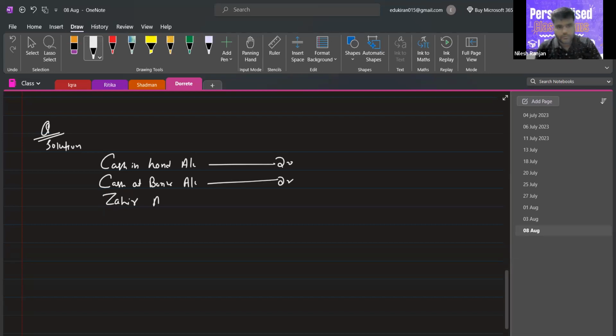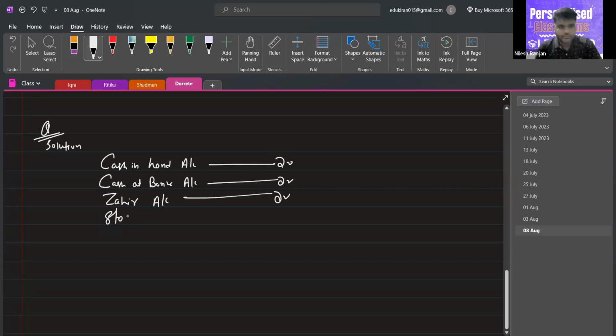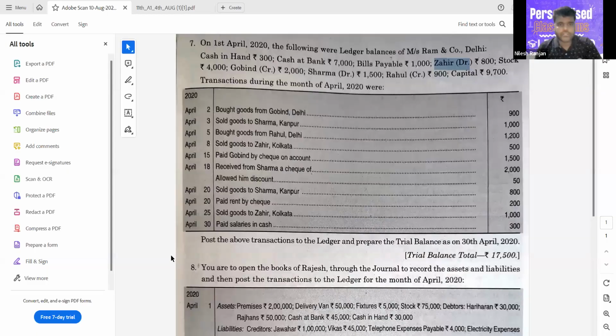Are you dividing debit side and credit side? Yes, stock 4,000. Govind credit, Sharma debit.